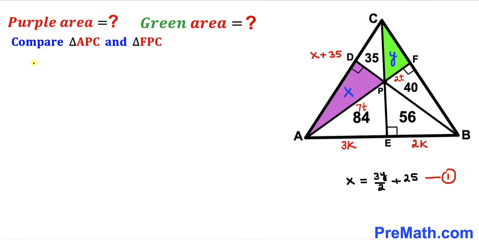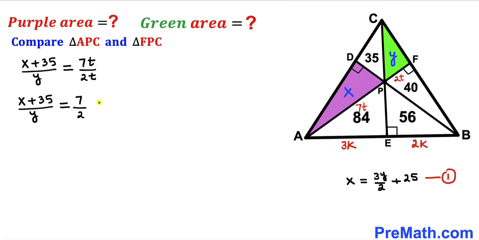Therefore, we can write the ratio of their areas, which is x plus 35 divided by y, is going to be equal to 7 times t divided by 2 times t. And here we can see t and t is gone, as you can see in this next step. And now we are going to cross multiply. And now we are going to move this 35 to the other side.